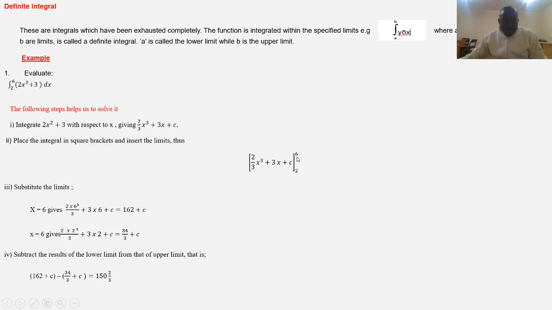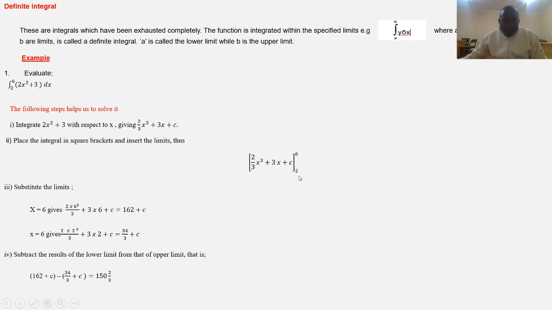So we substitute x with 6 here, it becomes 2 over 3 times 6 cubed plus 3 times 6, then plus c, which gives you 162 plus c.